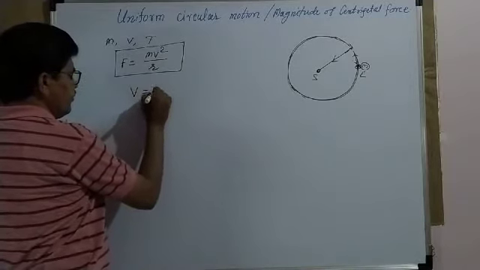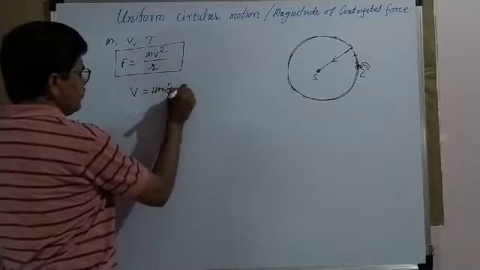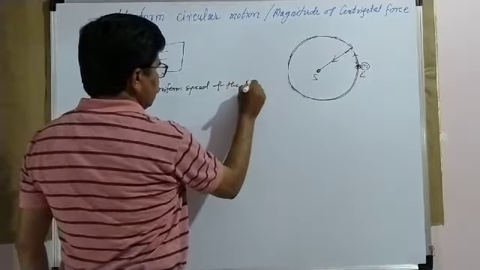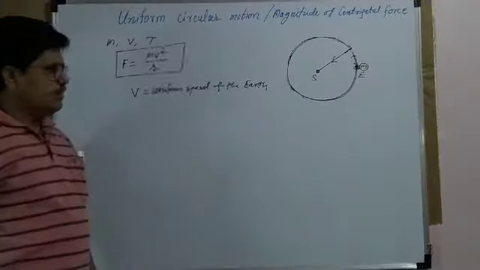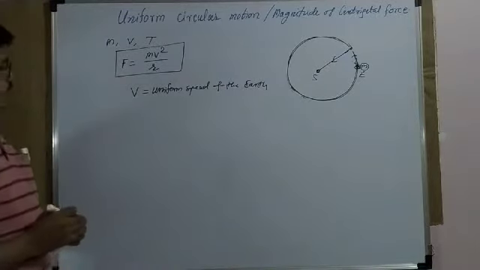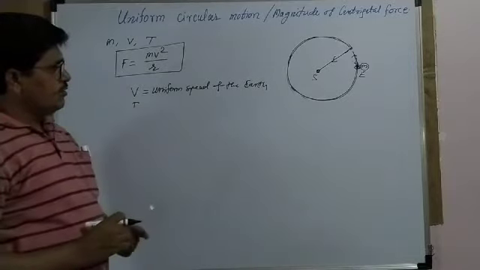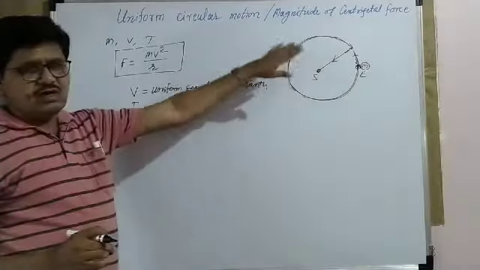v is the uniform speed of the earth around the sun. Consider v is the speed, and t is the time period of the earth to complete one revolution around the sun.